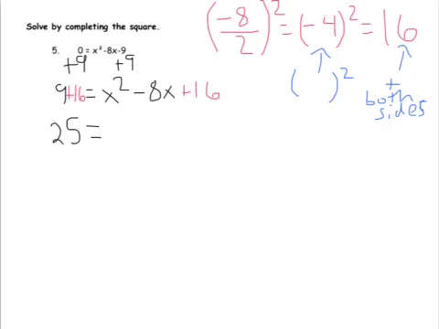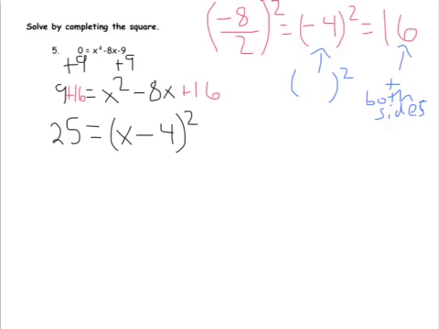The negative 4 is going to come into play here. So what I'm going to do is I'm going to have x minus 4 squared. I got that minus 4 from right over here. It's going to be like that every time. First part, I get the 16, I add it to both sides. And then when I factor, I use the negative 4 from this spot, and I put it right here.